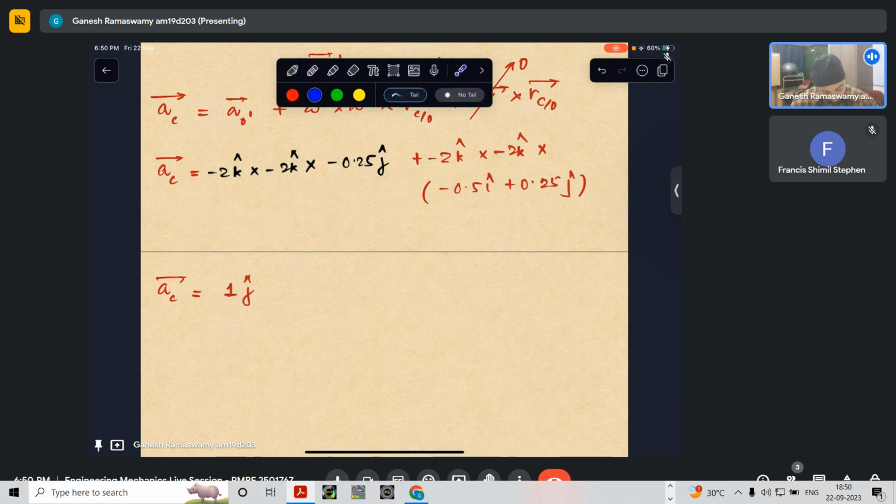Now I can take the cross product of these, which will come out to be 2 plus 2 I cap, and then it will be minus of minus 2 into 0.25. So this is minus 1 j.